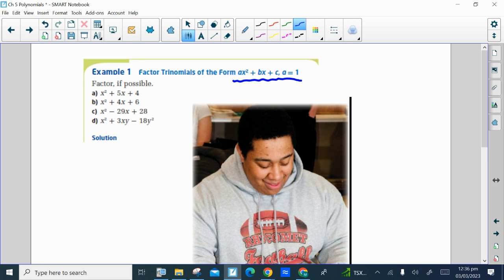We did some where the number in front of the x squared was a 2 or a 3 using algebra tiles, but now we're going to do these by using what's known as factoring by inspection, by looking at the trinomial and figuring out what the two factors are.